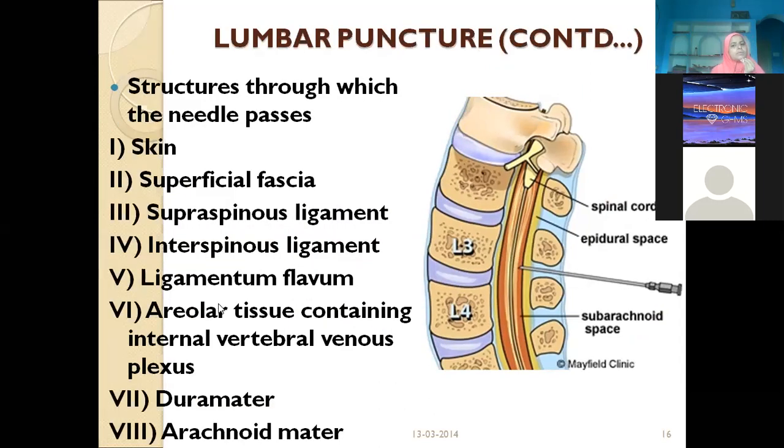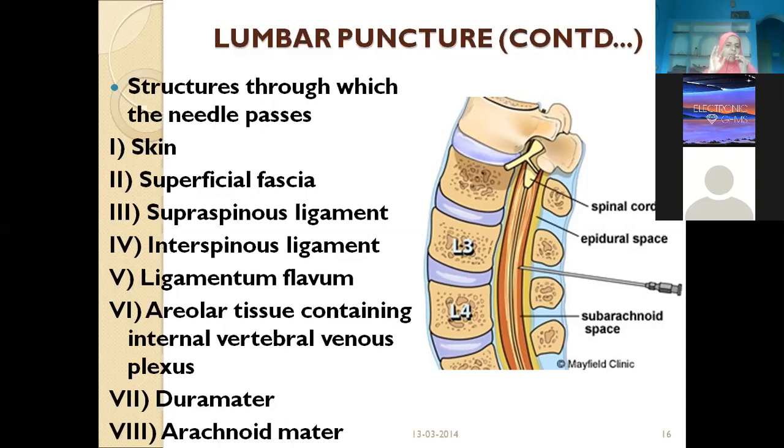Why do we do lumbar puncture, ma'am? If there is any infection in the brain, like in meningitis or encephalitis, or if there is any bleeding in the brain, then the CSF will show different colors. Normal CSF is pure, clear like water. But based on the underlying infection, the CSF color and consistency will change.